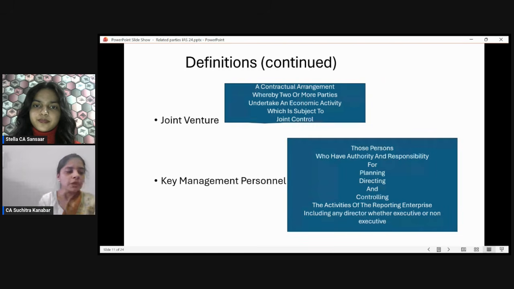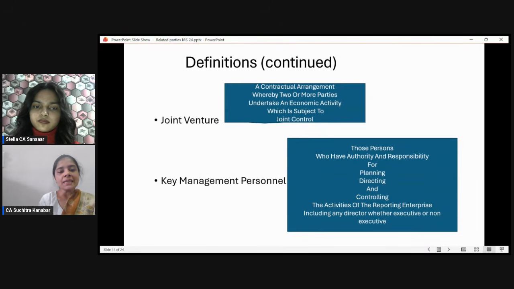Before we proceed further, let me give you an example. It clearly states that it includes all the directors, including non-executive directors, of the entity and its parent. It's not necessarily only of the reporting entity, it can be of the parent also. Suppose Mr. X is a director of M Foods Limited and he owns 70% shares in R Food Limited.